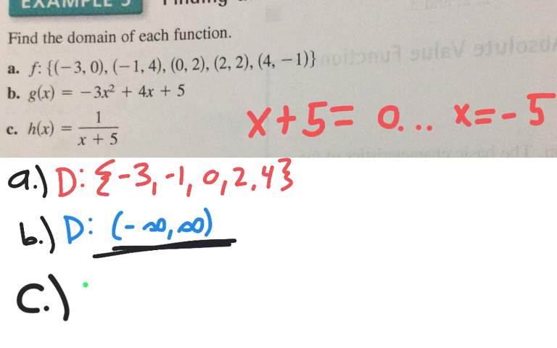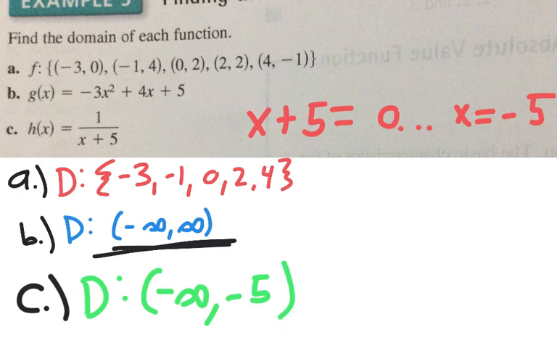So the way we do that, we'll say the domain is, so the lowest possible value is still negative infinity, and we can plug in anything all the way up until negative 5. And at negative 5, I get a problem, right? Negative 5 is no good. So to make sure that I'm telling you you can't pick negative 5, I use the parentheses. Right? Have y'all seen that before? Parentheses versus brace.